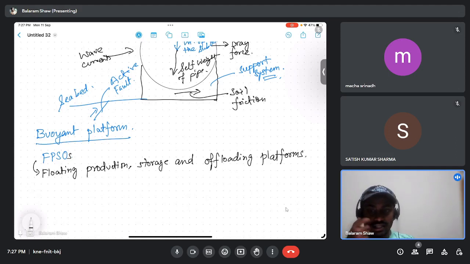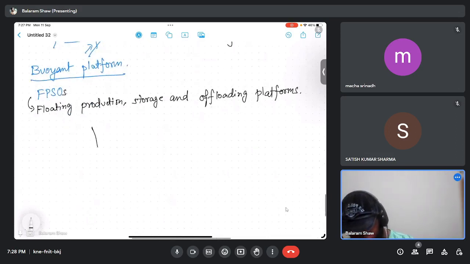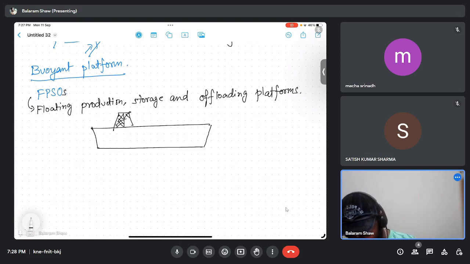Processing unit will be there. Usually oil tankers will be converted to such processing units, which rest on the platform. It is commonly used in remote locations. That is one kind of ship or vessel, whatever you say. This floating production has a production unit, then a storage unit, and a communication unit.